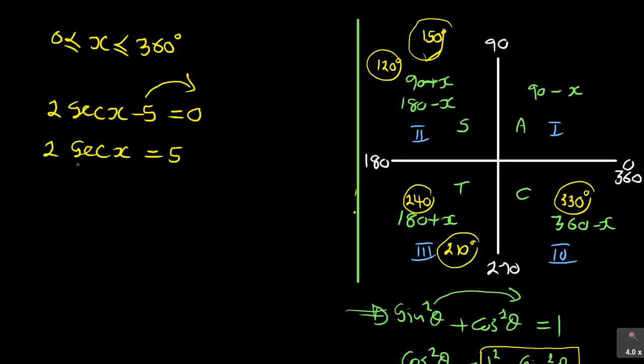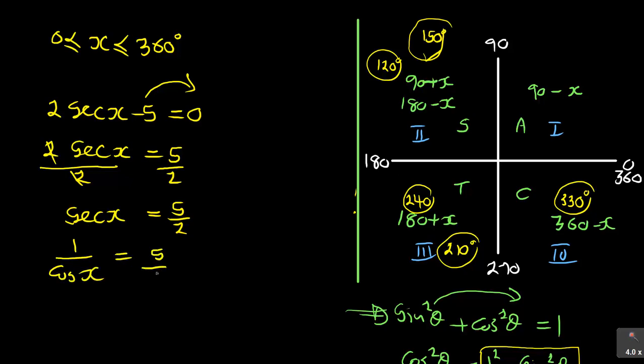Are you seeing that? And then it's up to you how you do this. It's very open. Now I can divide by 2 first. Divide by 2, you can see that sec x is equal to 5 over 2. Now when I've done that, remember sec is 1 over cos, so you convert sec as 1 over cos x is equal to 5 over 2.